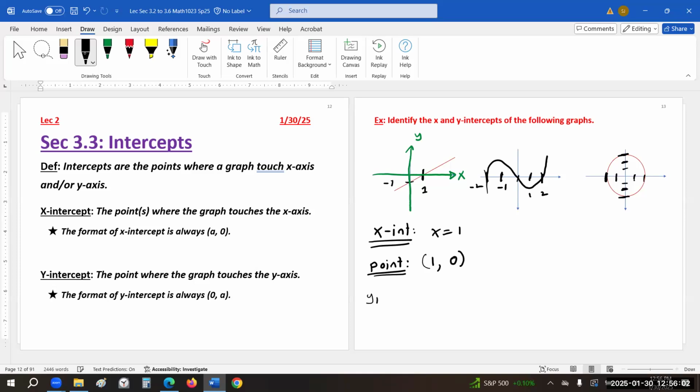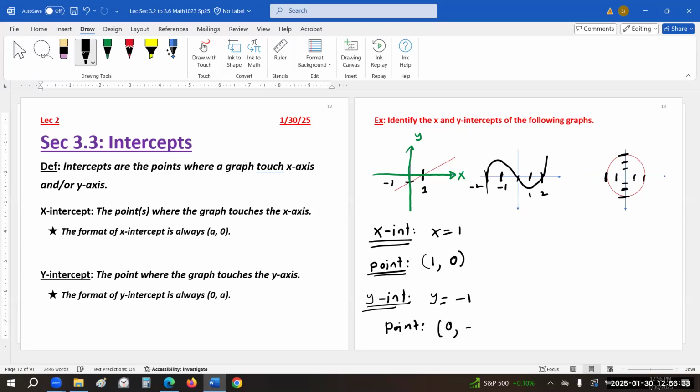For the y-intercept, if you observe, our line is crossing the y-axis at the y value -1. So our y-intercept is y equals -1. And as a point format, on the y-axis, all the x values are 0.